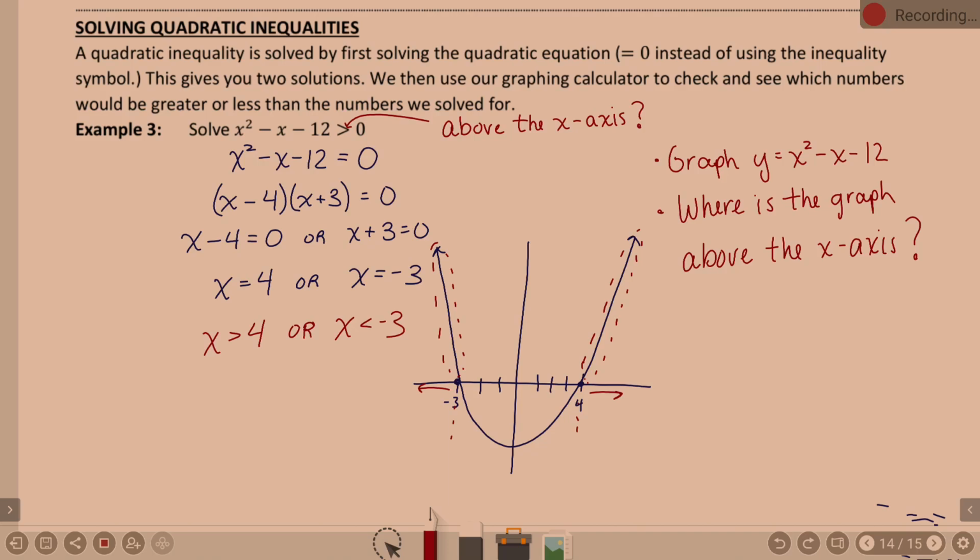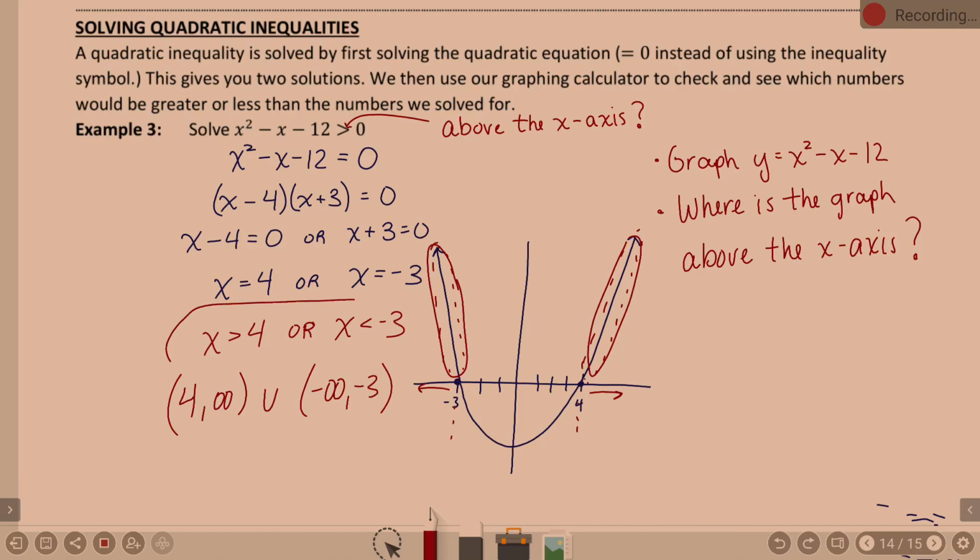Okay, those are the pieces we're looking at for our answer. Now, if we put those in terms of interval notation, it's 4 to infinity, and -infinity to -3, which I would normally write in the other order.